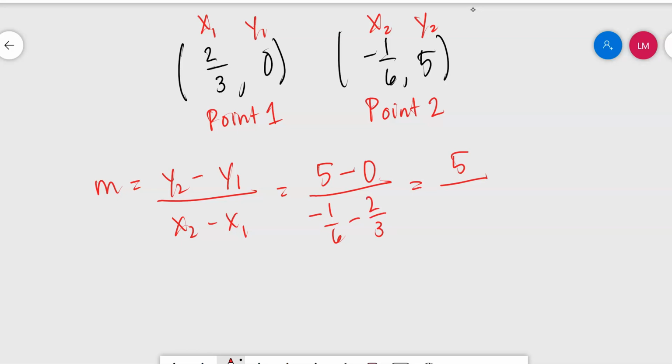Now, the issue now becomes I have these fractions in the denominator, and as you can see, I don't have the same common denominator for those fractions. But before I get into that, I'm going to change that minus to a plus, and bump back the negative. And then what is the least common multiple of 6 and 3? Well, it's 6, right? So the first fraction already has a 6.